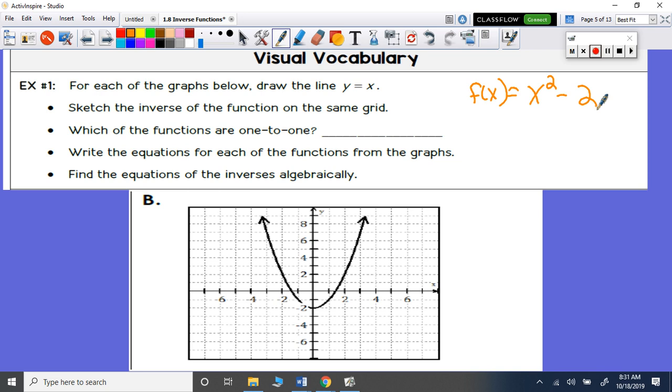But I want to concentrate on the algebra right now. This guy, if we looked at the domain restrictions, there are none because we only have an x squared minus 2. No square root, no denominator. What was our first step to find the inverse algebraically with the last one? Yes? Switch to the left. Yep. And then you're going to flip-flop the x's and y's.